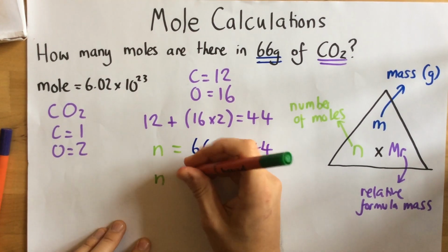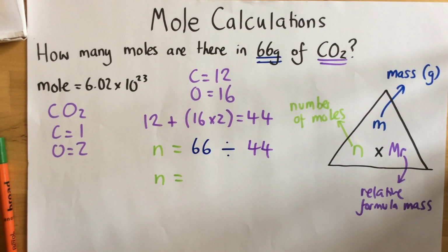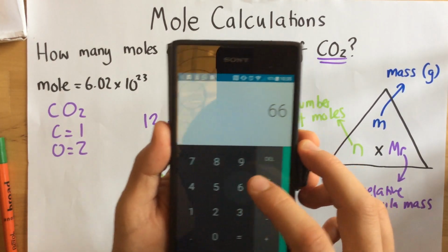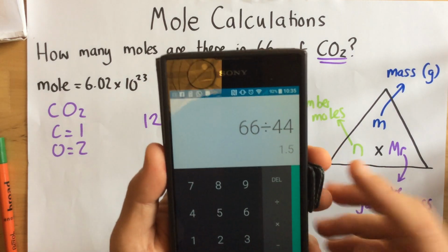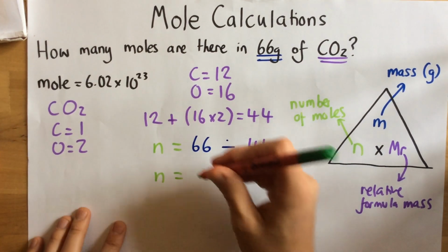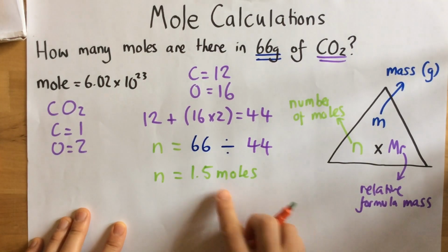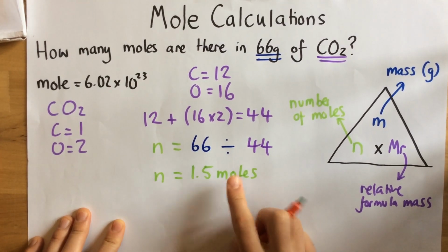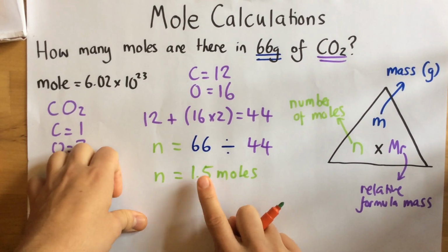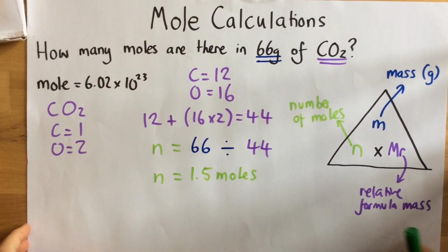So my number of moles is 66 divided by 44. I'm just going to do that in a calculator: 66 divided by 44 equals 1.5. So my number of moles is 1.5 moles. What that means is that in 66 grams of CO2, there are 1.5 times this many particles. That's just what that means.